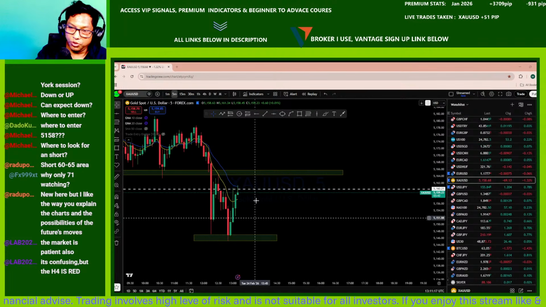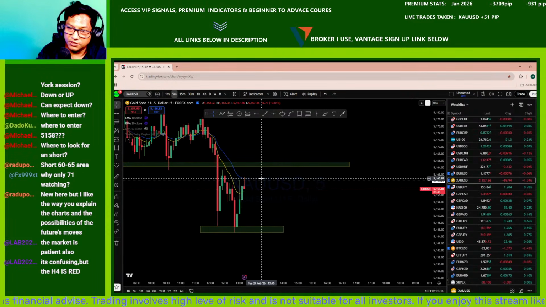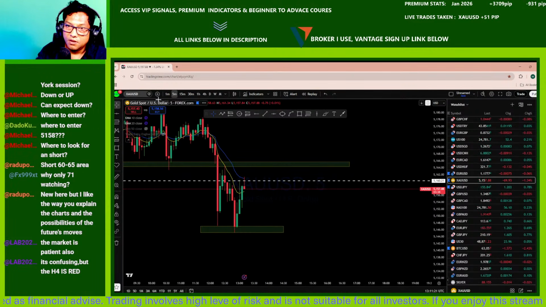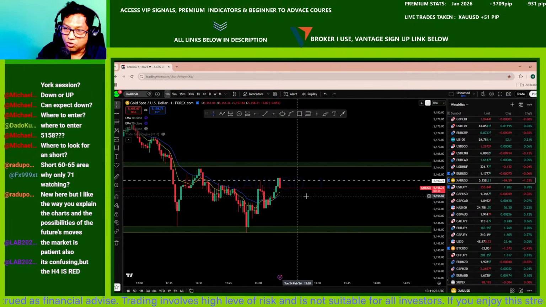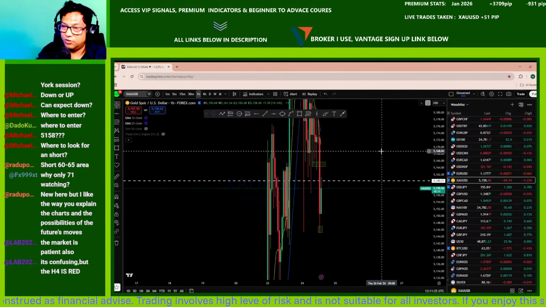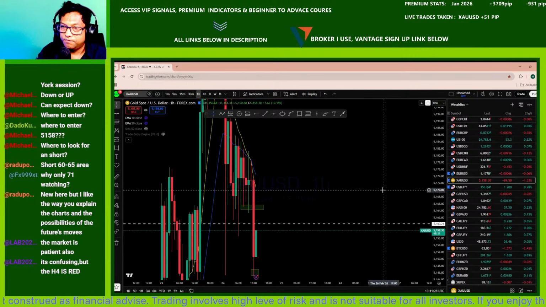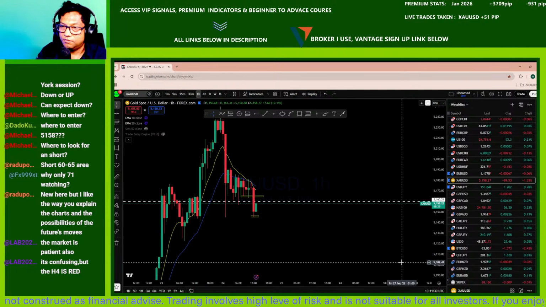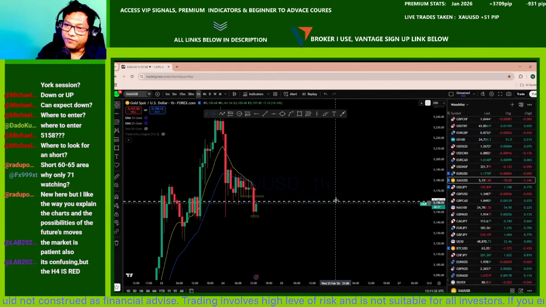All right, so with this long wick, if you can see, the price slowly crossed that high. Now looking at the 1 hour again, it left a significant imbalance.